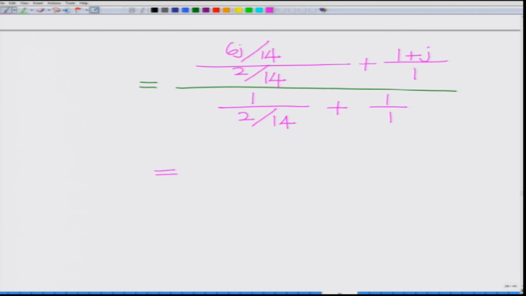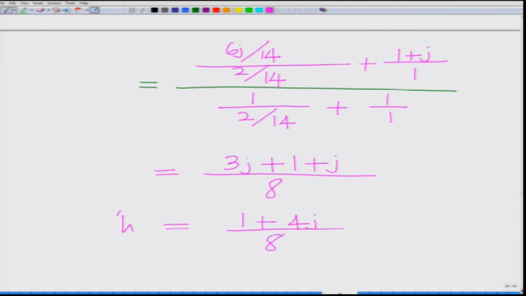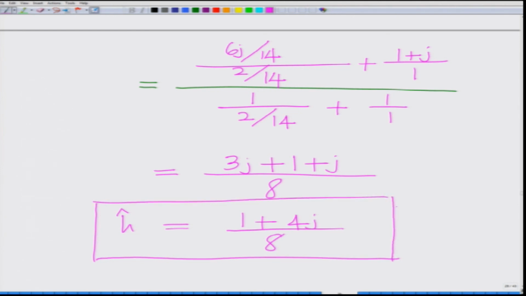This is equal to 3j plus 1 plus j divided by 8, which equals 1 plus 4j divided by 8.